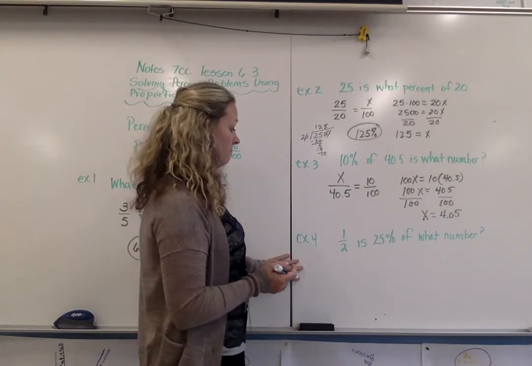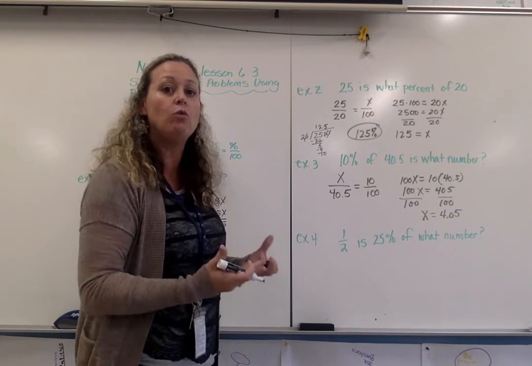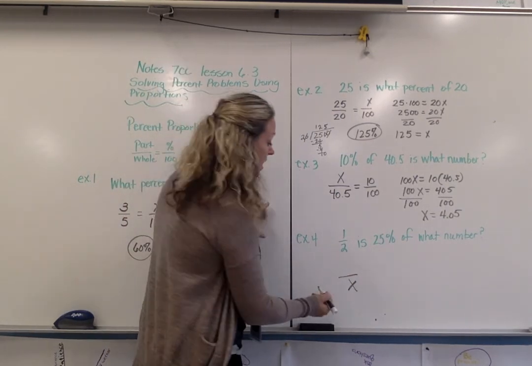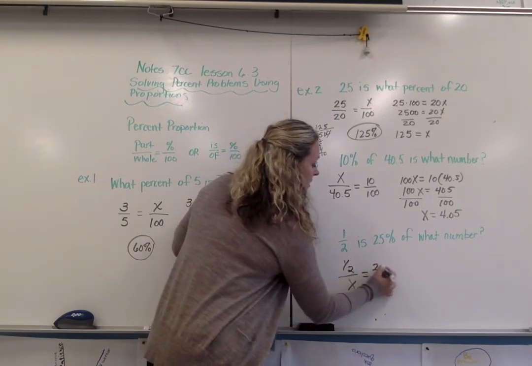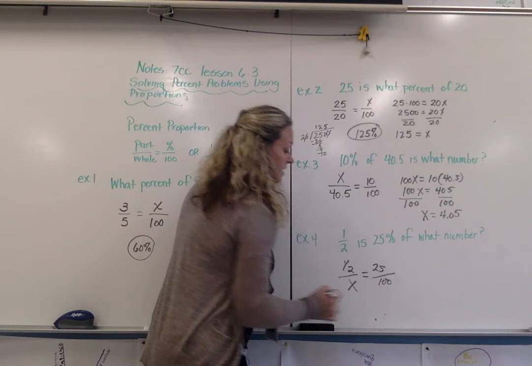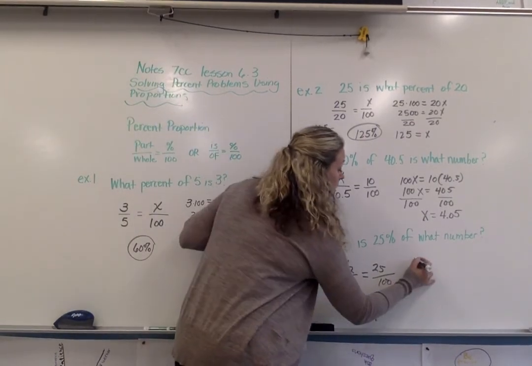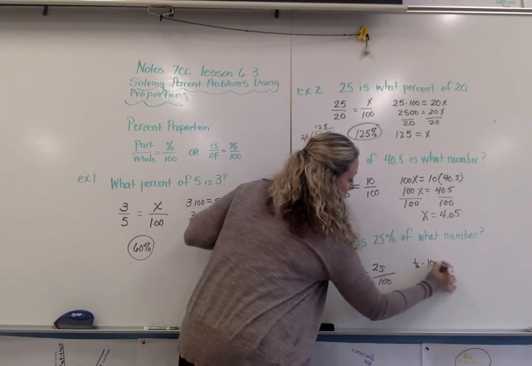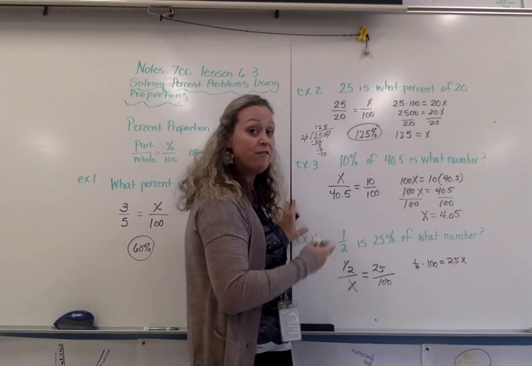In the last example, 1/2 is 25% of what number? I don't know what it's out of. I don't know the of, so that's where the x goes. The 1/2 is my is, and the 25 is my percent. I've set up a proportion, and now I go back and solve it. 1/2 times 100 is equal to 25x.